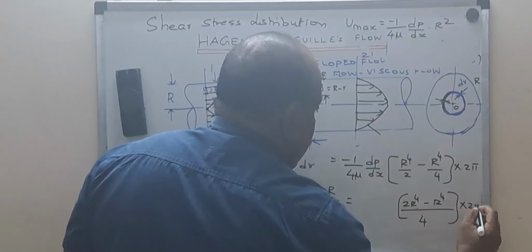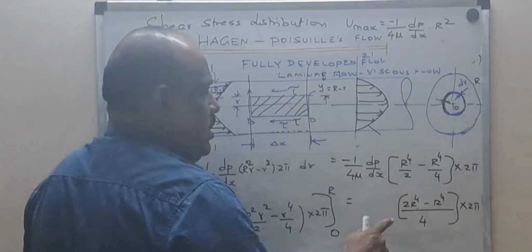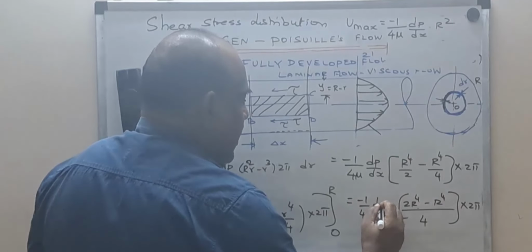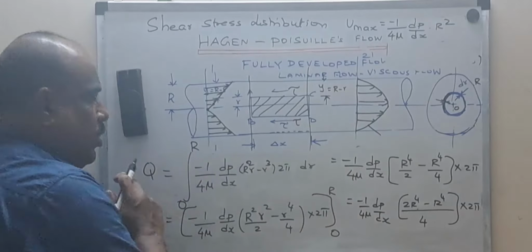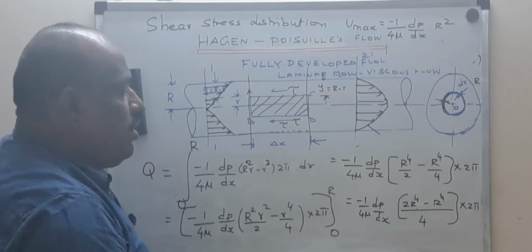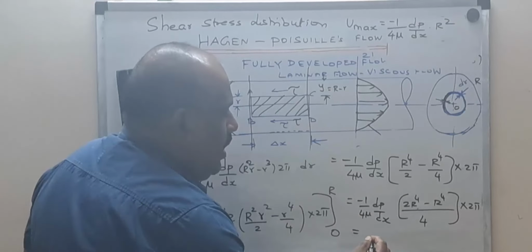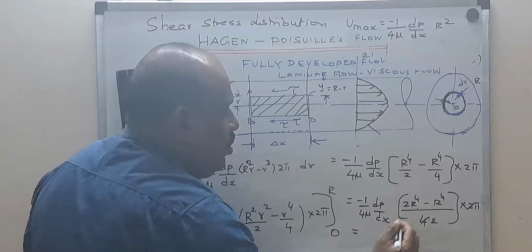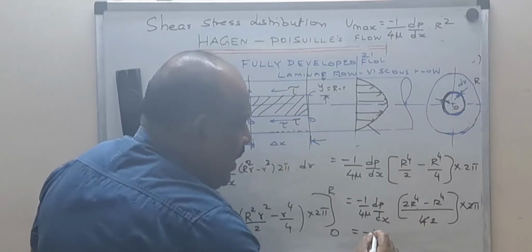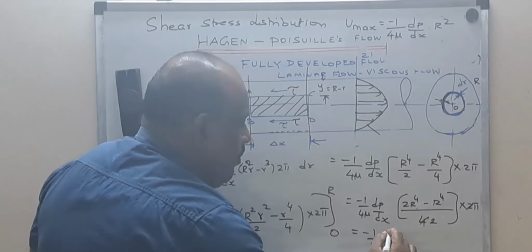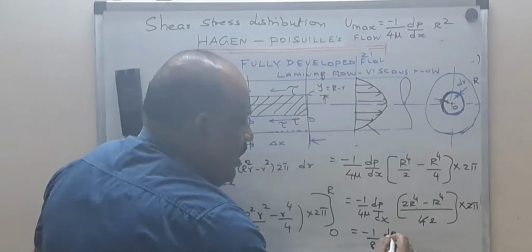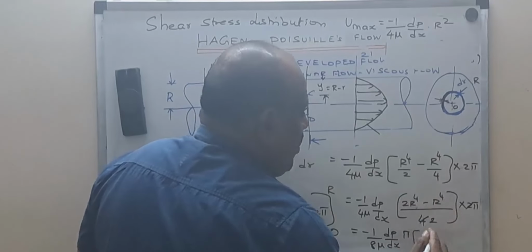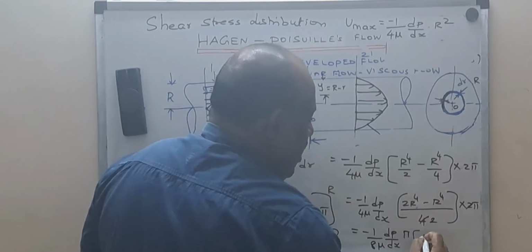Whatever we are trying to get now is only q. I can cancel this 2 with 4, so it becomes 2, and 4 into 2 is 8. So minus 1 by 8 mu of dp by dx into pi of 2 R power 4 minus R power 4, which is nothing but R power 4.